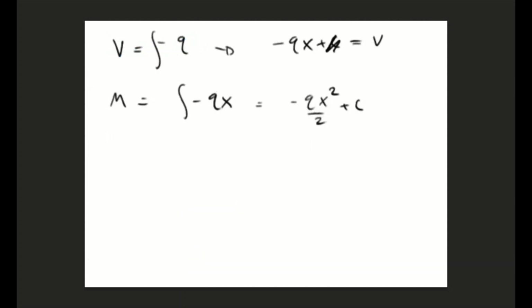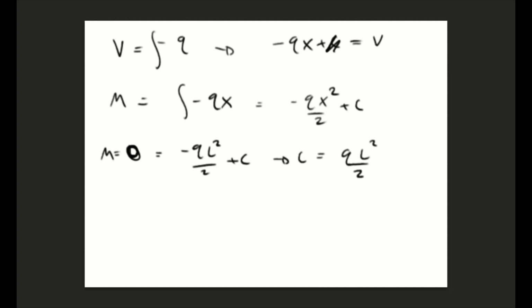So at x = L, negative QL squared over 2 plus C equals 0, then our C value comes out to be QL squared over 2. Pretty straightforward so far.